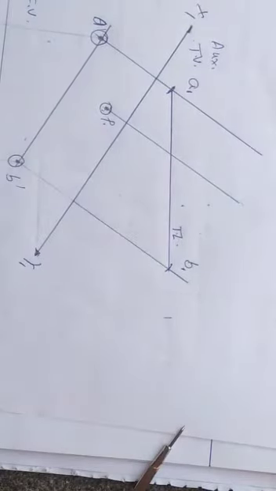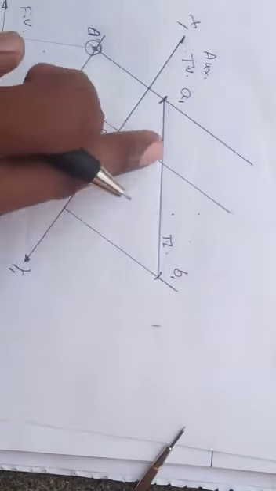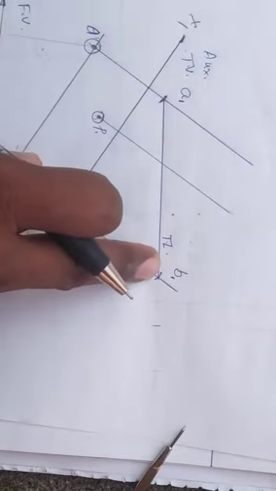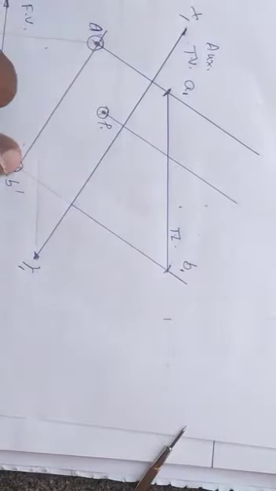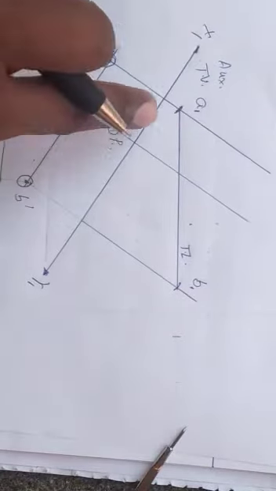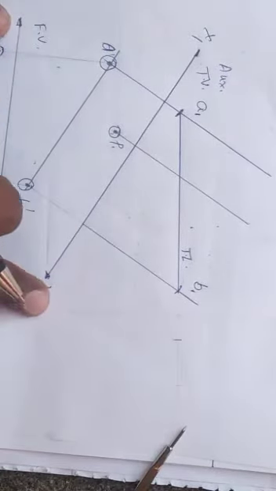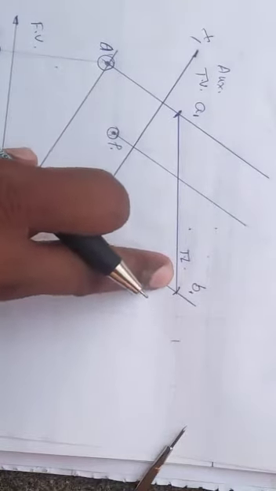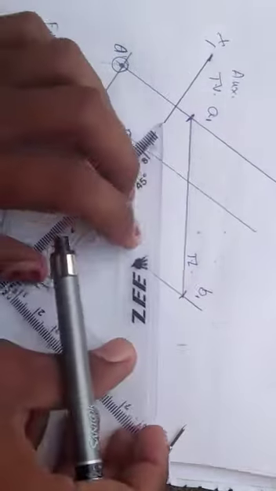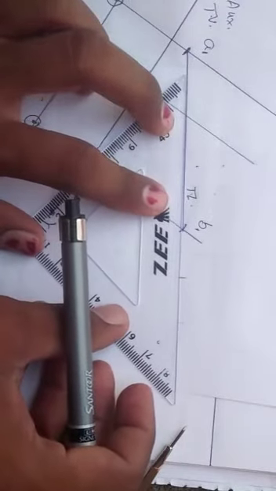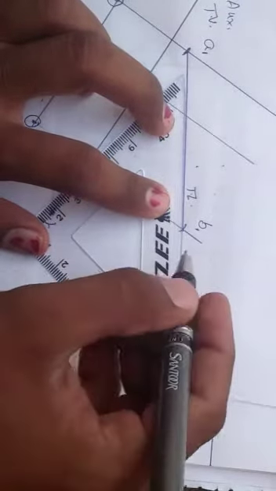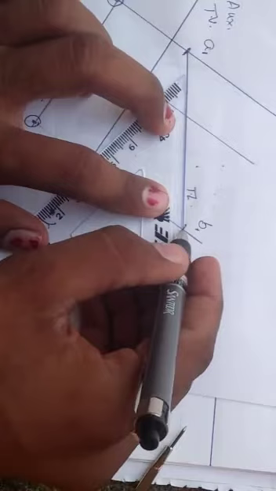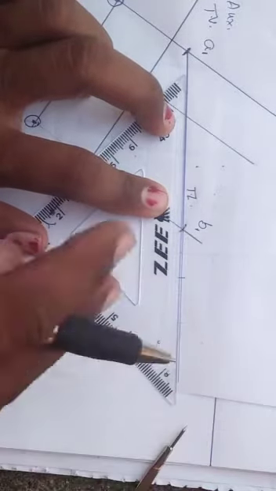Here in this view A1 B1 is showing the true length, because in the previous view A dash B dash is parallel to x1 y1, hence A1 B1 is the true length. So x2 y2 must be perpendicular to this true length line. So extend this true length line as a projector line, which should be faint.